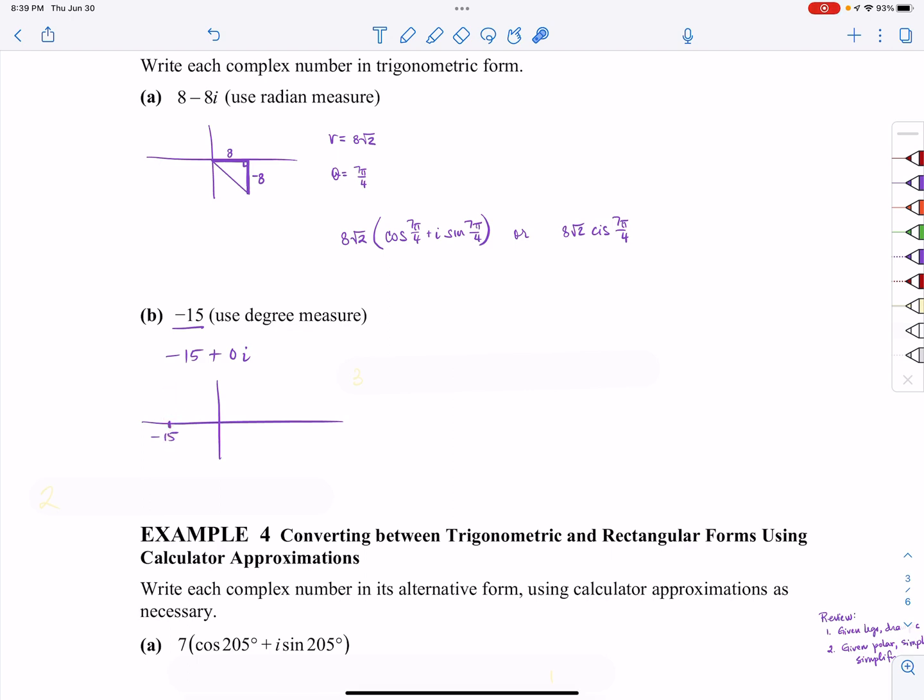The coordinate here is negative 15, 0. So my radius is 15, my theta is 180. How did I get that? I just used unit circle values for the 180. And then I can go ahead and write that in polar form.